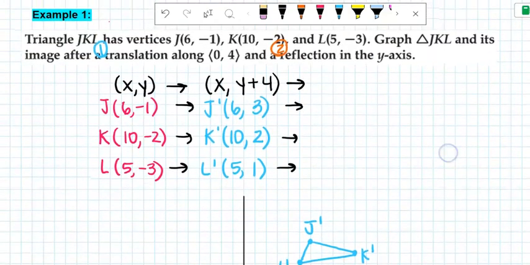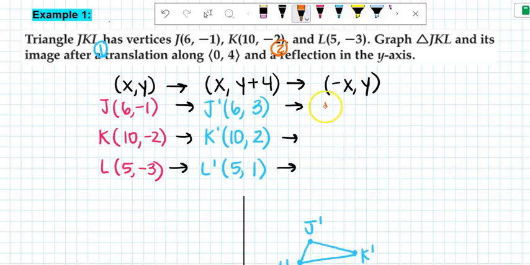So if you like the shortcuts, if we're reflecting in the y-axis, we change the sign of our x. Okay, so we're just going to go through and change the sign of all the x coordinates. So -6, 3. K would be -10, 2.